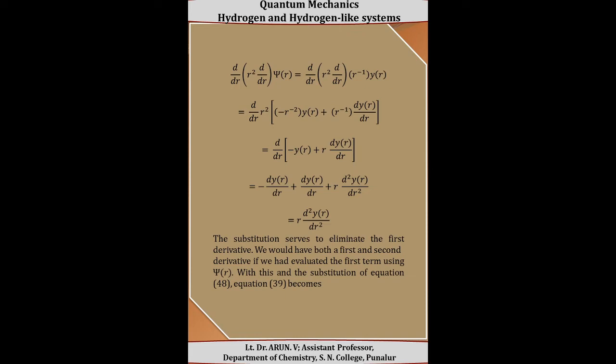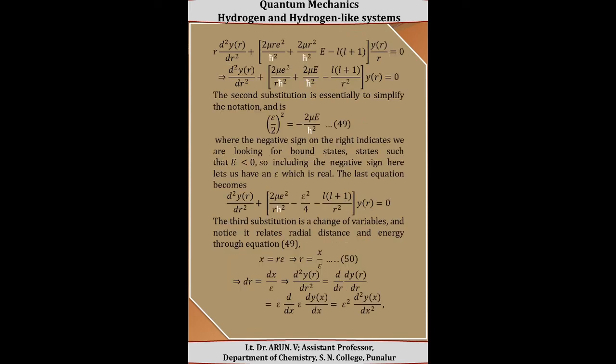With this substitution in equation 47, the equation 39 becomes r d²y(r)/dr² plus [2μe²/(ħ²) · 1/r... plus 2μE/ħ² minus l(l+1)/r²] y(r)/r equal to 0, or d²y(r)/dr² plus [2μe²/(rħ²) plus 2μE/ħ² minus l(l+1)/r²] y(r) equal to 0.